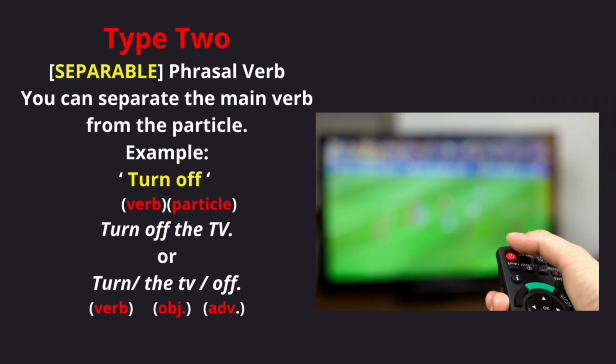Type 2 phrasal verb is actually referred to as separable. In other words, you can separate the main verb from the particle. So for a phrasal verb such as turn off, you could say turn off the TV or turn the TV off.